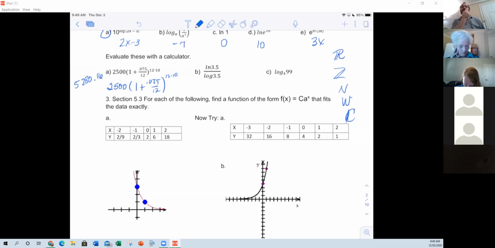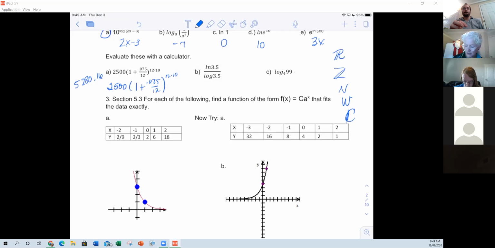Like 4 to the power of 3. Okay, so I'm trying to get 99. That's really good. I like that. But remember, 4 to the third power is very close, actually. So you have great estimation skills, but we want it more exact than that.